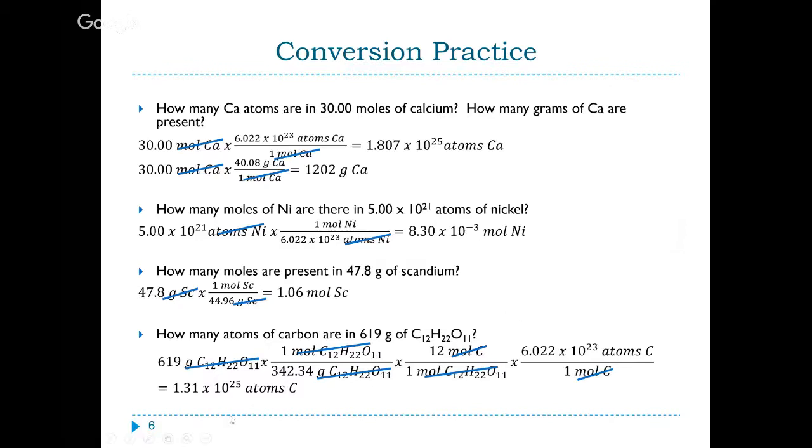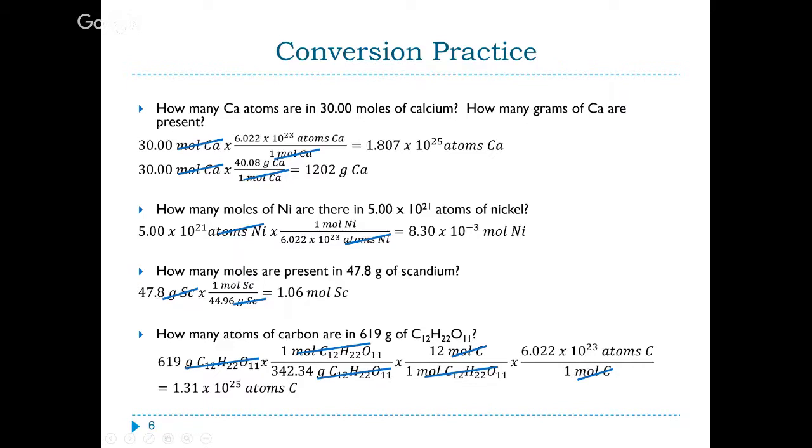conversion factors. So how many moles of nickel are there in 5.00 times 10 to the 21 atoms of nickel? Given information, I write that down first. I see atoms are here, which means atoms go on the bottom. It is a large number of atoms that are in 1 mole. So I'm dividing by Avogadro's number. So this number divided by this number gives me 8.30 times 10 to the -3rd moles of nickel.